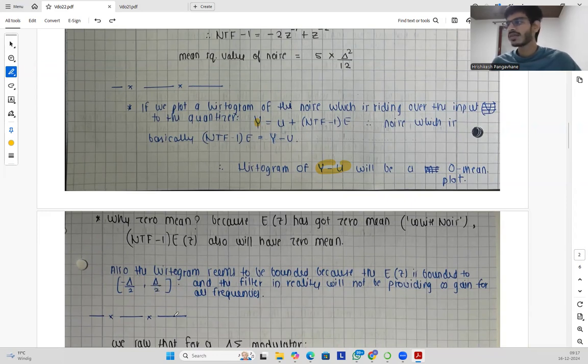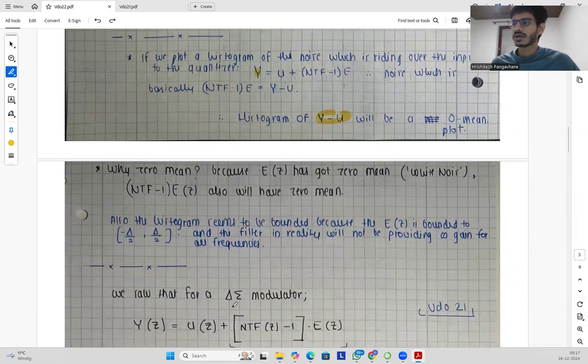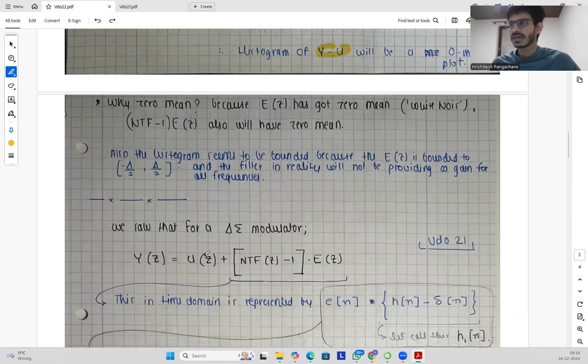And the filter in reality will not be providing infinite gain for all frequencies, but it will have a particular bandwidth. So we saw, for a delta sigma modulator, Y of z is U of z plus NTF minus 1 times E of z.